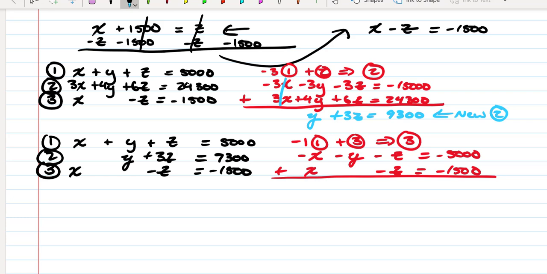I add these equations together. Those eliminate. I get negative y, negative z plus negative z is negative 2z is equal to negative 5,000 plus negative 1,500 is negative 6,500. And that's going to be my new 3.